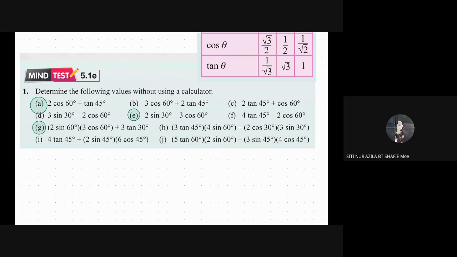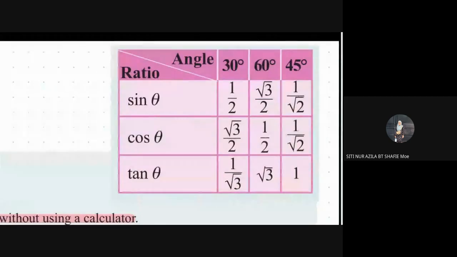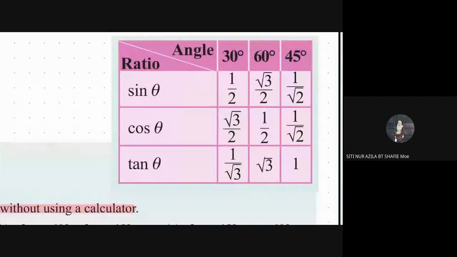We want to determine the following values without using a calculator. If the question asks you to solve without using a calculator, you need the help of this table. Table of what? Table of values for sin, cos and tan for special angles 30, 60 and 45 degrees.